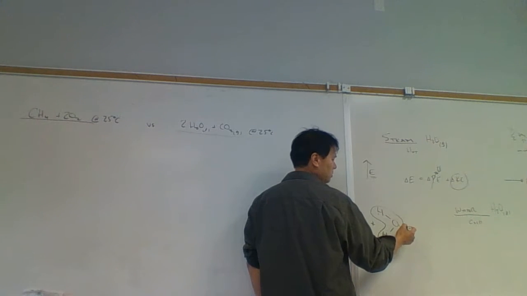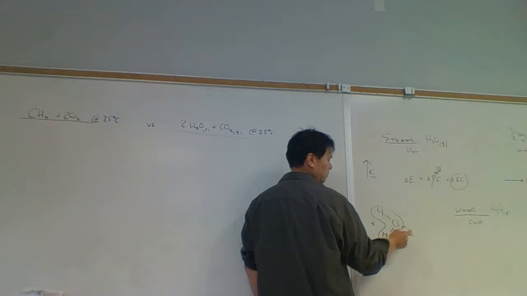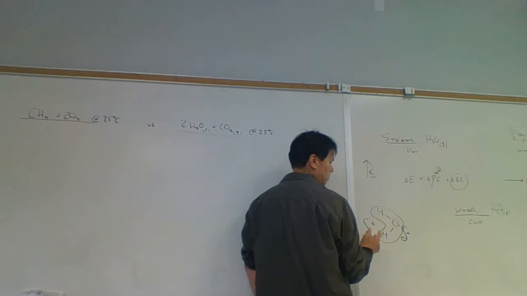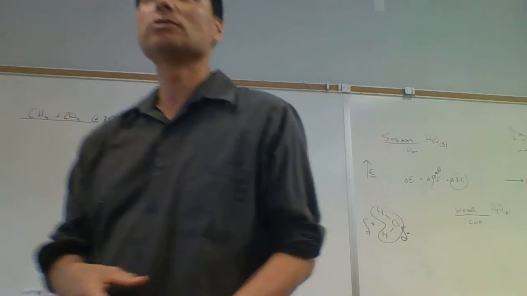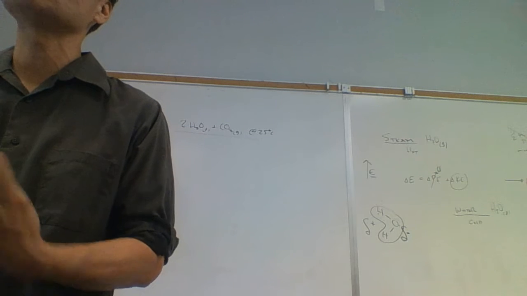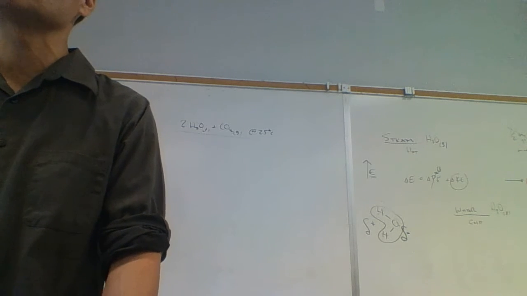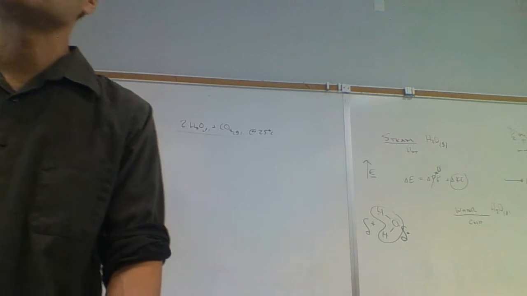The magnitude of the charge is a little bit of charge, so we call it delta. Delta just means small. Delta minus and delta plus. These water molecules have an electrical charge associated with them, so that's why they stick together. They stick together because the positive is attracted to the negative, just like pith balls would be attracted to one another with positive and negative.